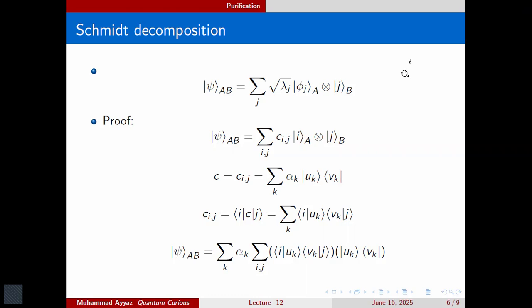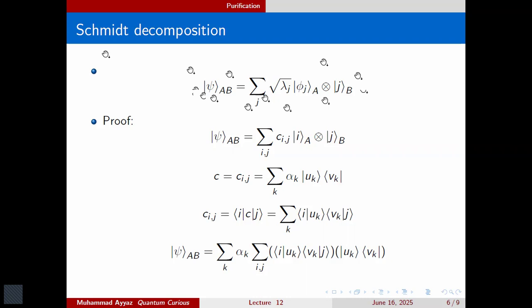So we have seen that kind of pure state, the product state. And how can we prove that we could build the purification? Sorry, we should use the Schmidt decomposition here: how we could build the Schmidt decomposition of any entangled or any pure state.